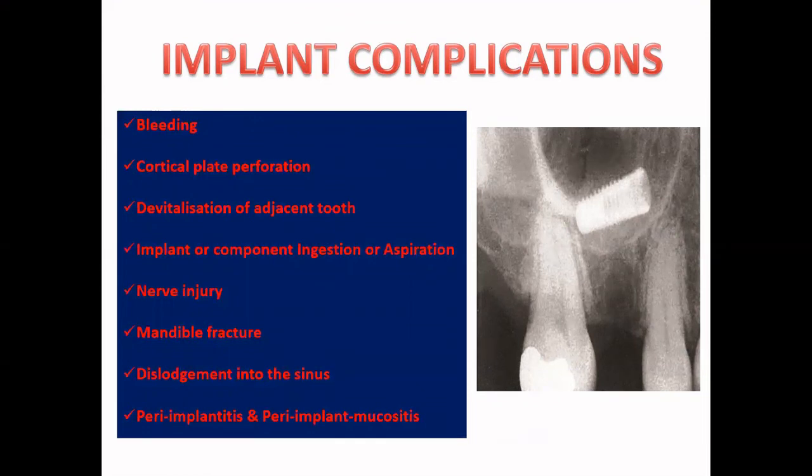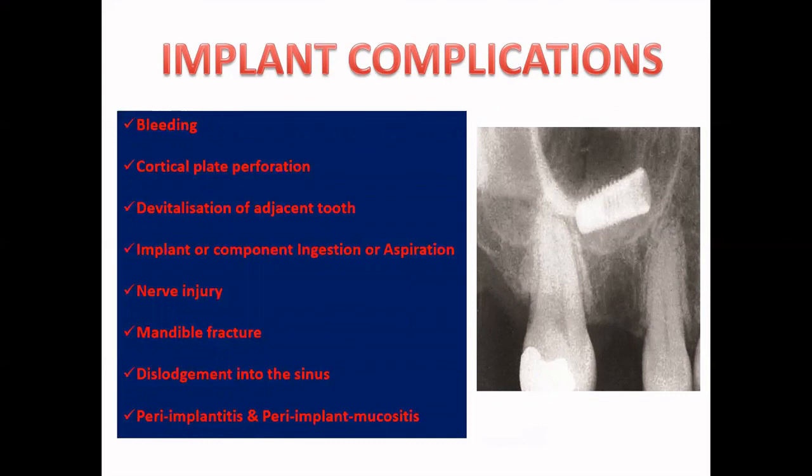margins, the implant may impinge on the alveolar nerves and cause a nerve injury, which may cause temporary or permanent paresthesia. And if there is osteoporosis or any bone calcium defects, there are chances of mandible fracture to the patient.